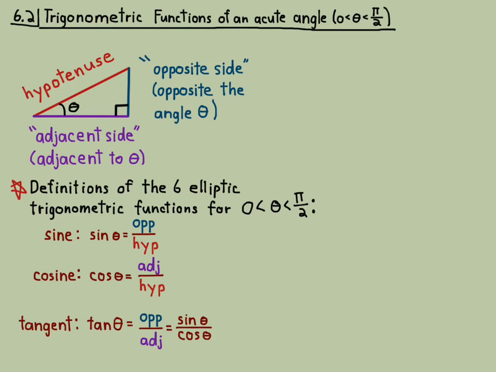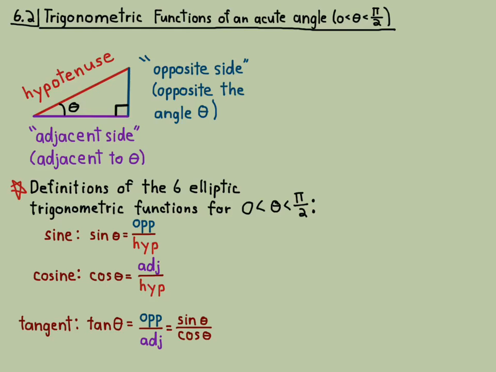So notice the hypotenuse is not in that formula for tangent theta. It's opposite over adjacent. It's also sine theta over cosine theta. You can see if you take sine theta divided by cosine theta, that means multiply by the reciprocal of cosine theta, and you'll see the hypotenuses cancel out. Hypotenuses? I don't actually know what the plural of hypotenuse is.